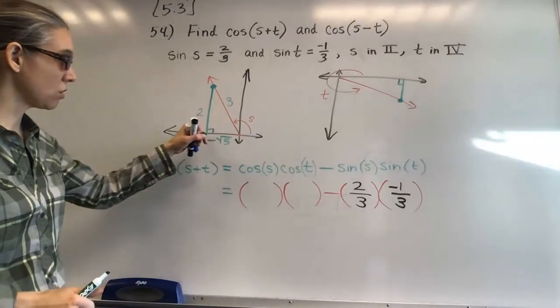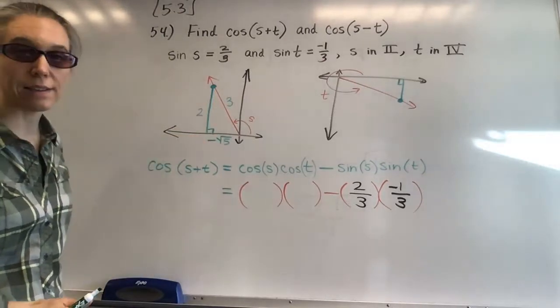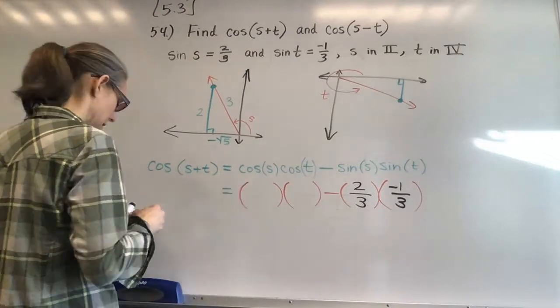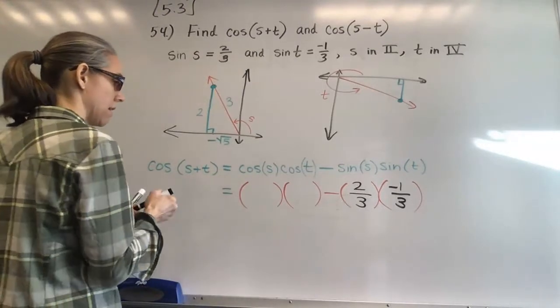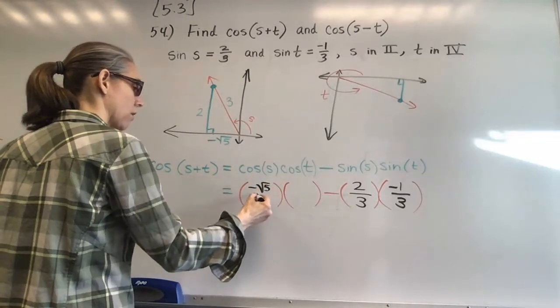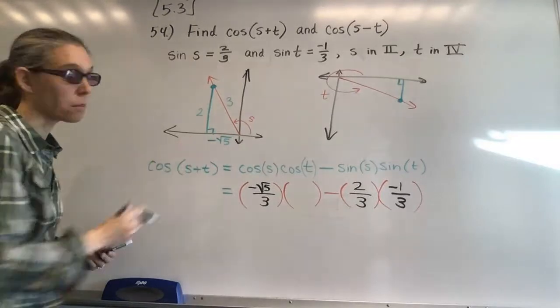I'm in quadrant 2, so I need to have a cosine value that is negative. So my cosine of S is then negative root 5 over 3. And again, I got this value using the Pythagorean theorem.